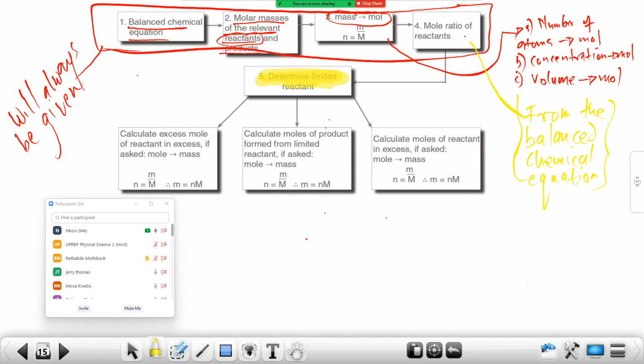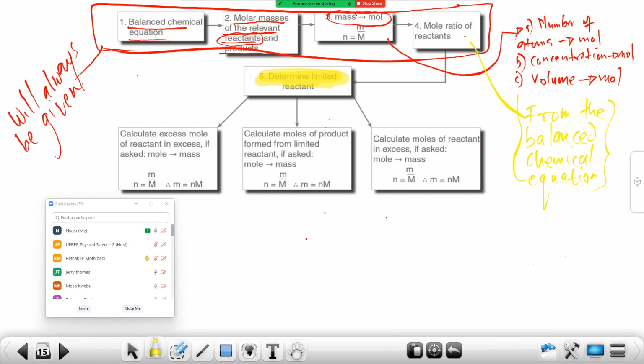We can calculate the number of moles if we are given the number of atoms, or the concentration, or the volume of a gas at STP. So basically all I was saying is that we need to calculate the number of moles.